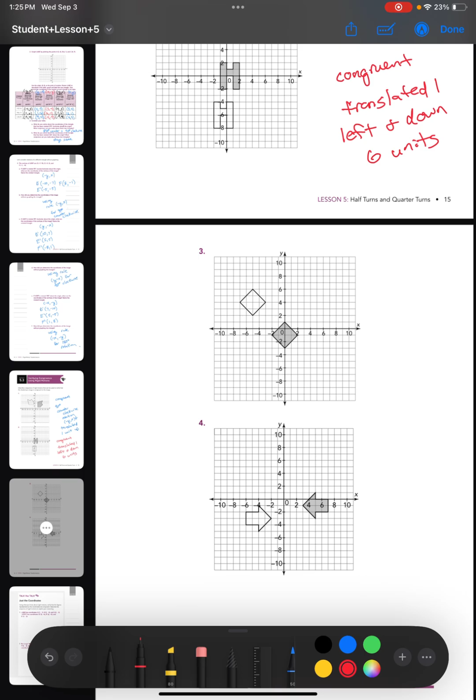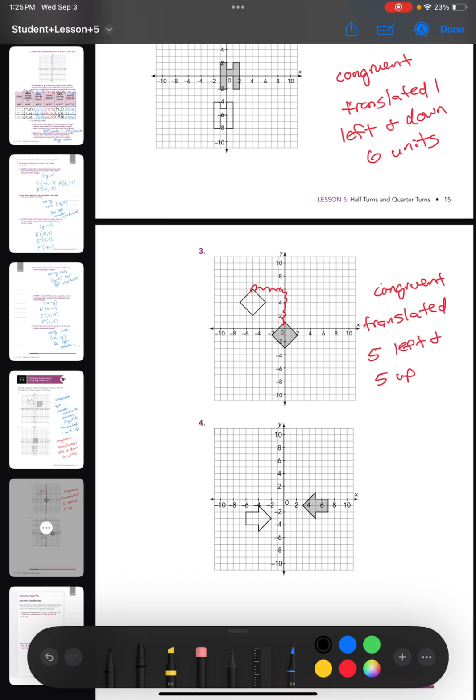Okay, we got 2 more. Again, for 3, you'll discover these are congruent also. And it's translated 5 left and 5 up. So in other words, up 1, 2, 3, 4, 5, and then left 1, 2, 3, 4, 5 to get our new image.